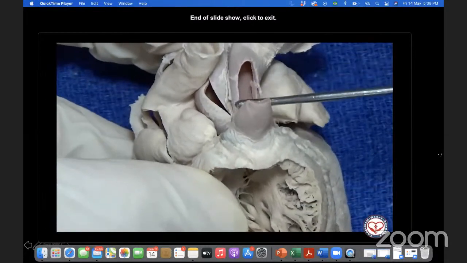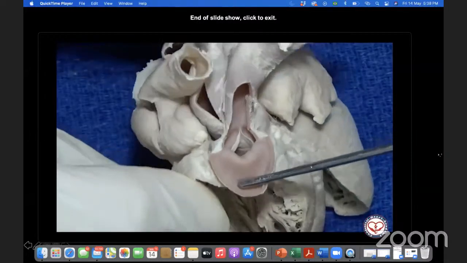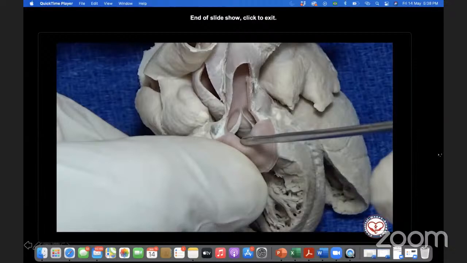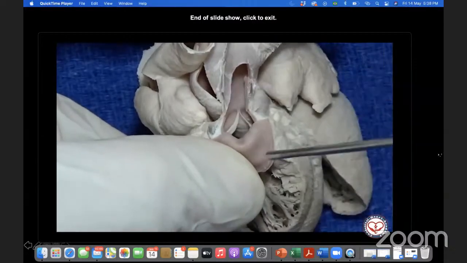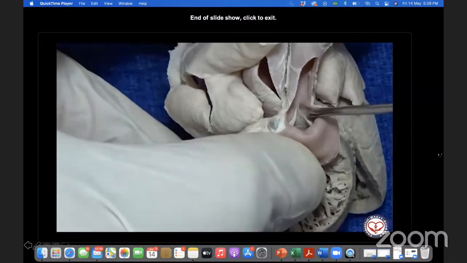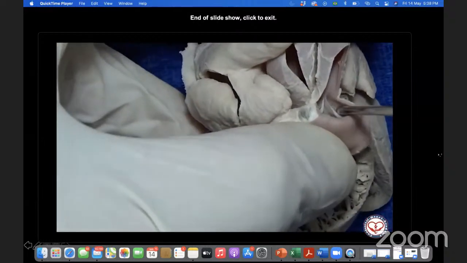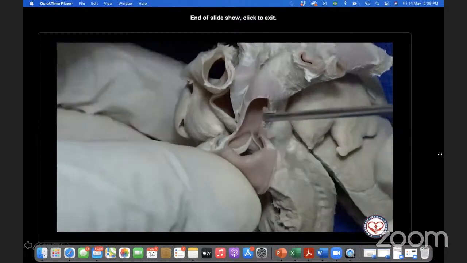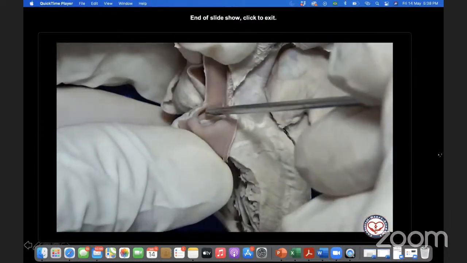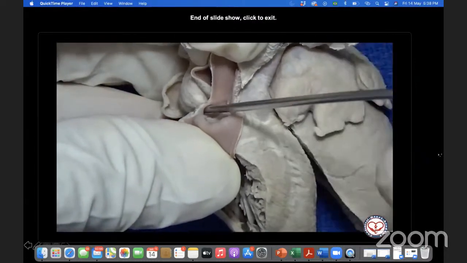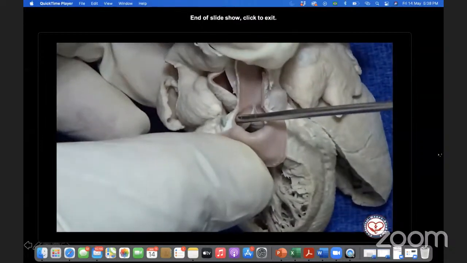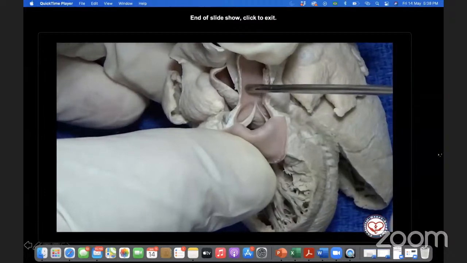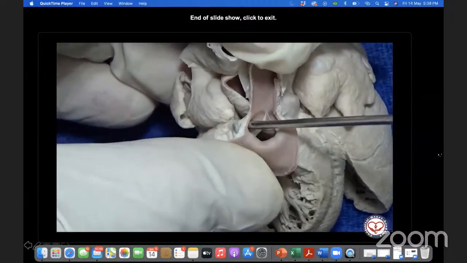So if we look into the aortic valve, this is the non-adjacent leaflet with respect to the pulmonary trunk, and there is no coronary artery arising from the right-hand facing sinus, or sinus number 1. The only coronary orifice that arises from the aortic root is to my left hand, or from the left-hand facing sinus, or sinus number 2.